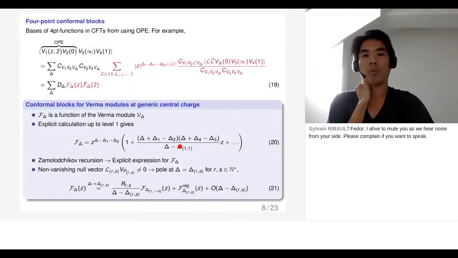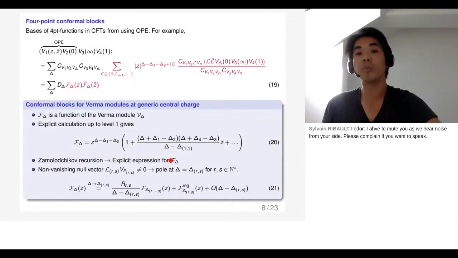And this pole actually comes from the non-vanishing null descendant at level 1 in the corresponding Verma module. And in general, one can even show that if you have a non-vanishing null vector or null descendant at level r times s in your Verma module, in the corresponding block, you would have this pole at delta equal to delta r,s. And this can be seen by using the so-called Zamolodchikov recursion, which gives us the explicit expression for this conformal block F here.